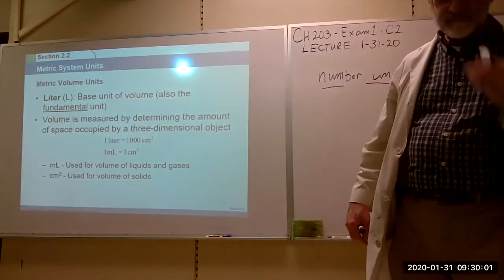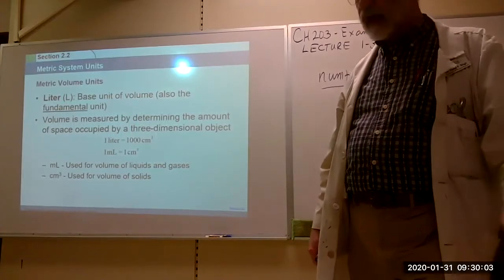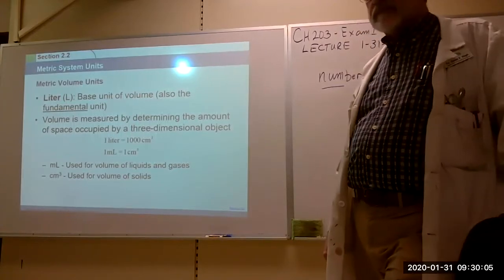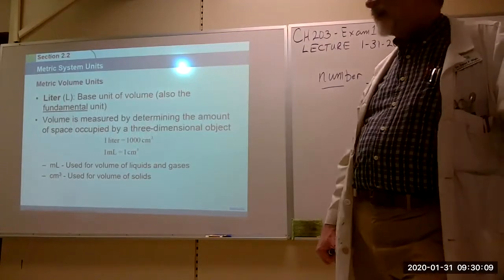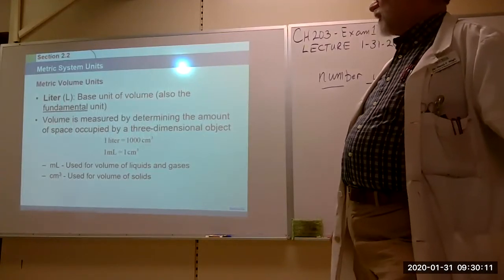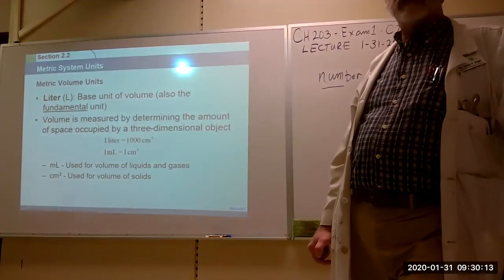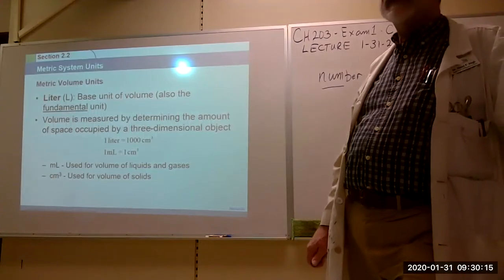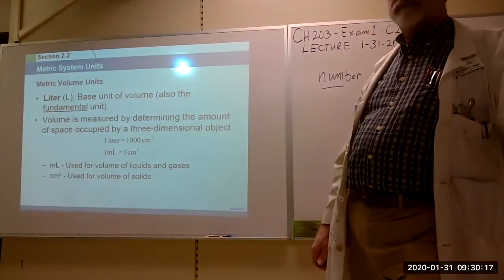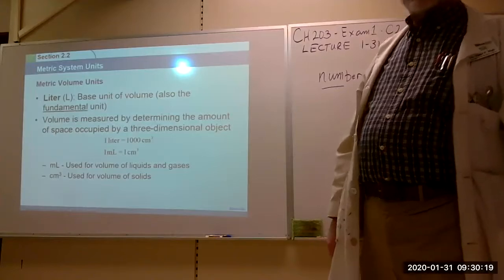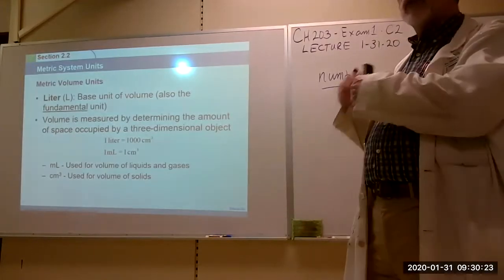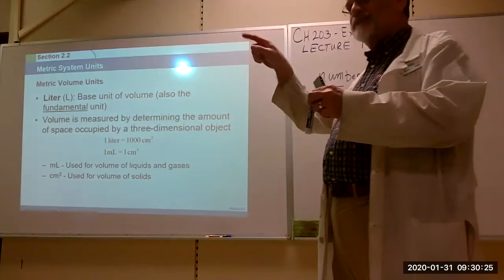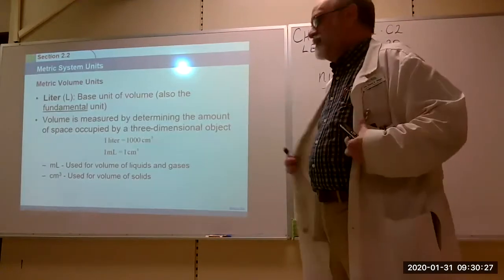I think, well, it used to be, not anymore. The operating unit, not the base unit, but the operating unit in the medical profession was cc, cubic centimeter. And I don't know, hospitals may have some product that's a holdover from years ago that still has cc written on the side of it.